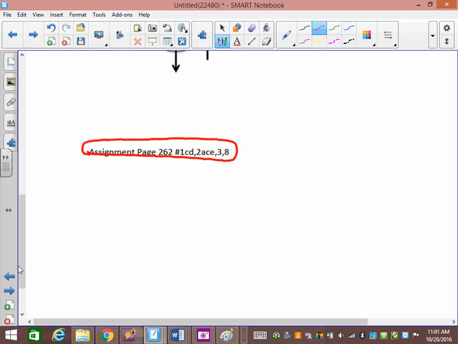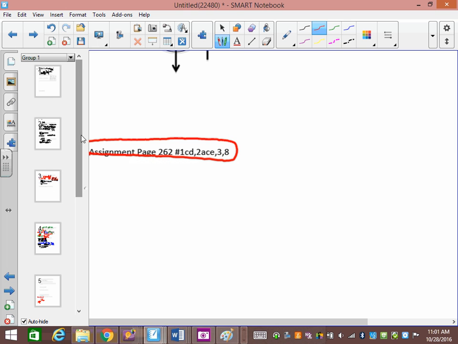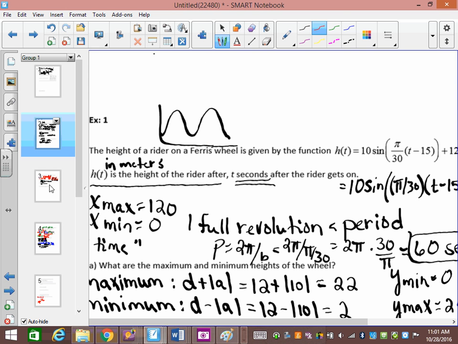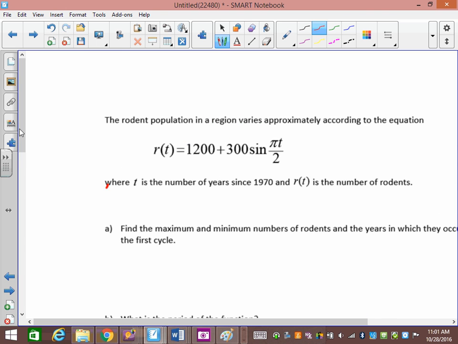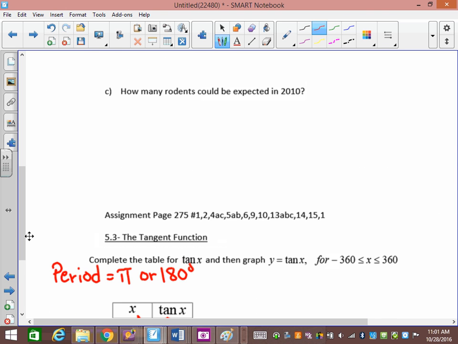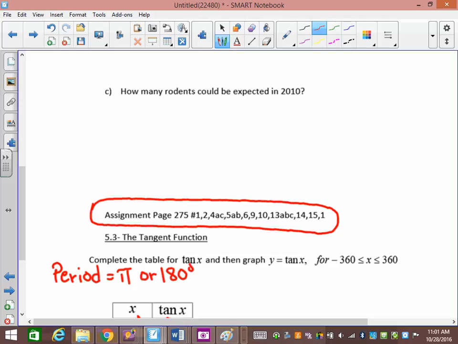It's at the very end. And then there's an assignment for the previous one. So go back to the previous where we ended up. The Ferris wheel question. Bottom of this one. It's right here. But you're not going to do that whole thing. Just hold on a second.